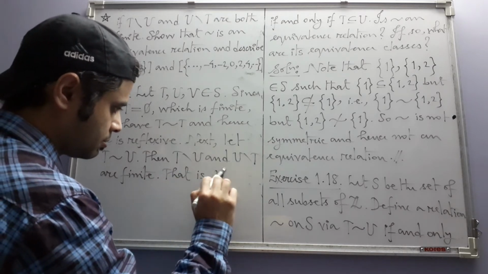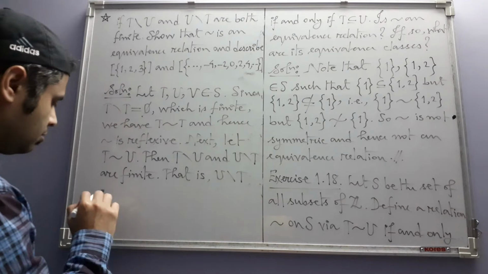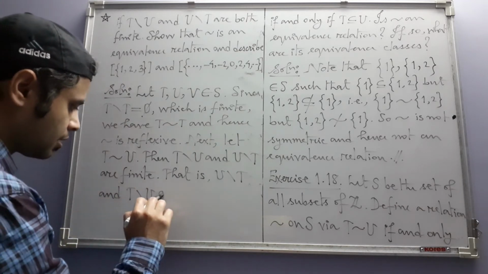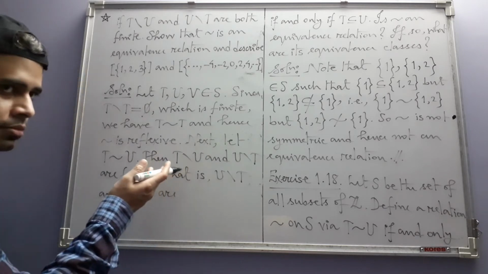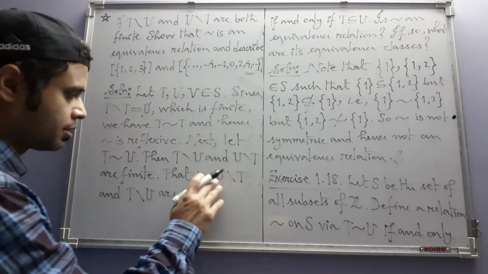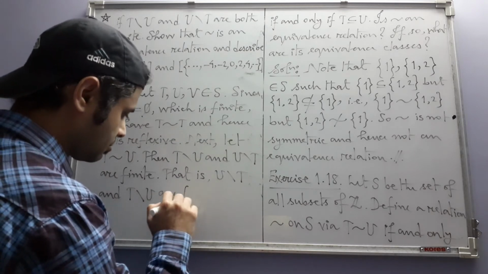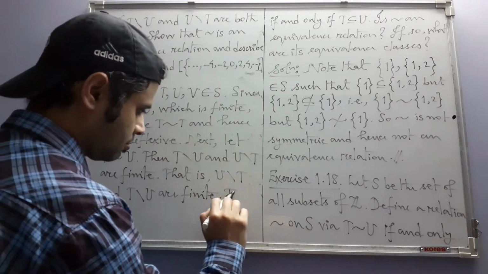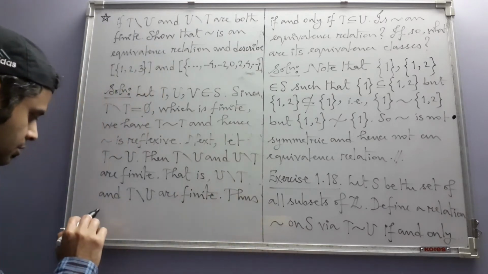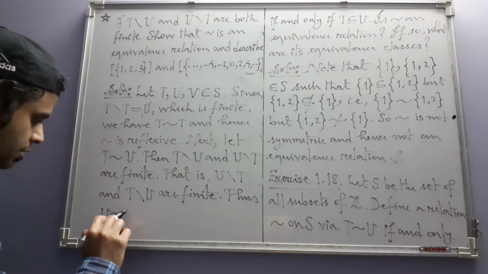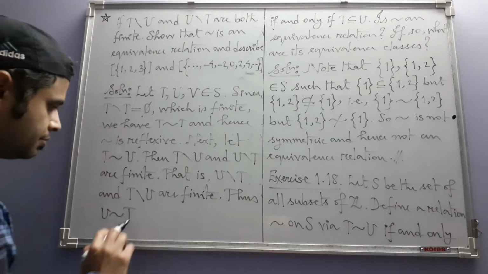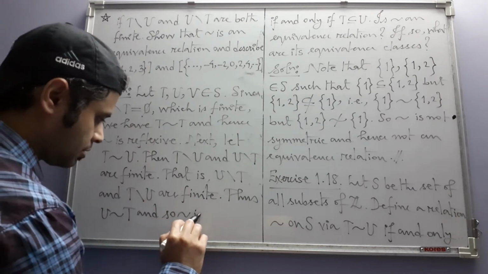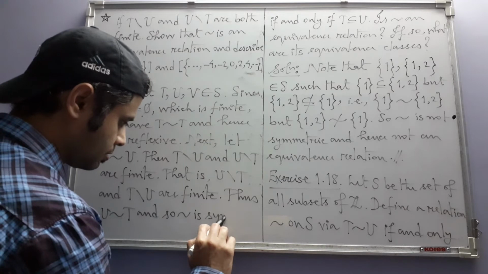That is, U difference T and T difference U are finite, which is the same statement, but we have just switched the order of these two things. Thus, U is also related to T, and so the relation is symmetric.